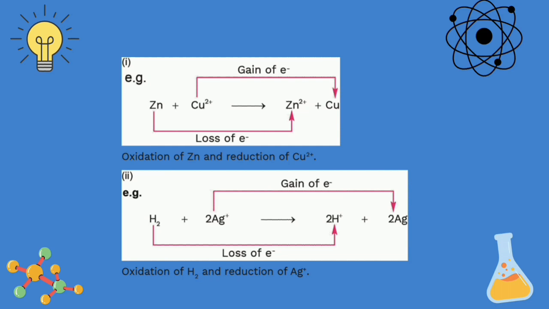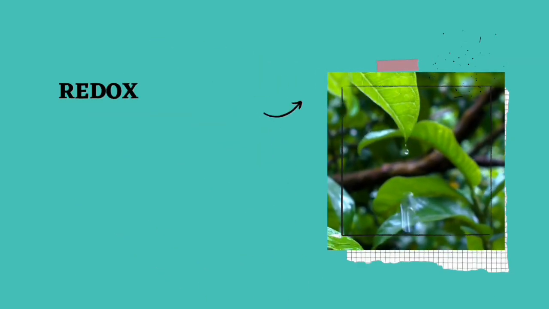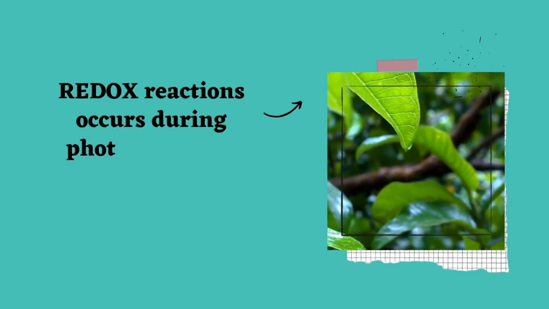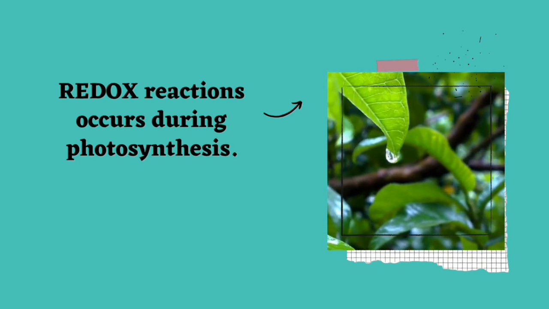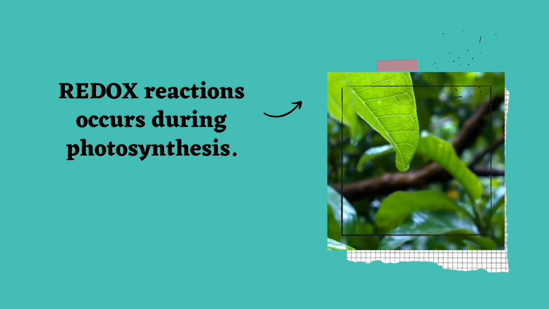Daily life examples of oxidation reduction reaction. There are several daily life examples of oxidation reduction reactions that occur close to us, but we are not conversant with them. Redox reactions occur during photosynthesis in green plants. That's the green pigmentation obtained by plants.